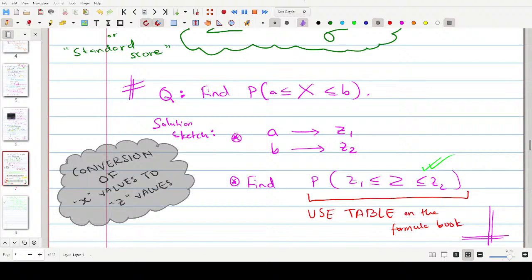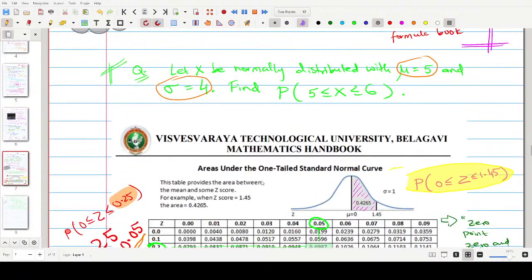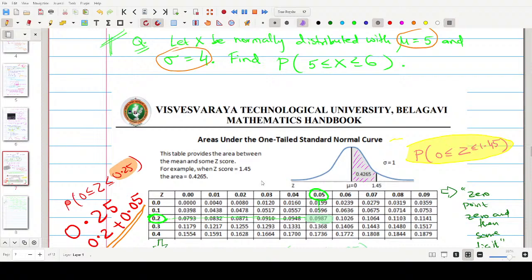And once this conversion is done, we use the table in the formula book. As an example, we are given a question saying that x is normally distributed with mu equal to 5 and sigma equal to 4. We have to find the value of a given probability.